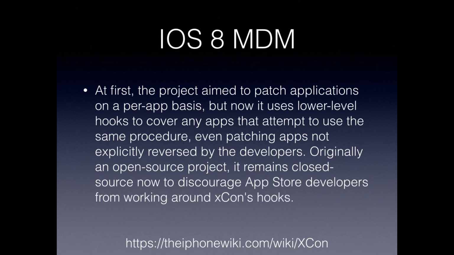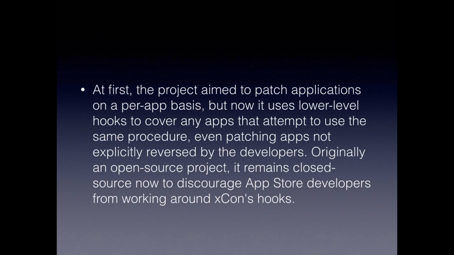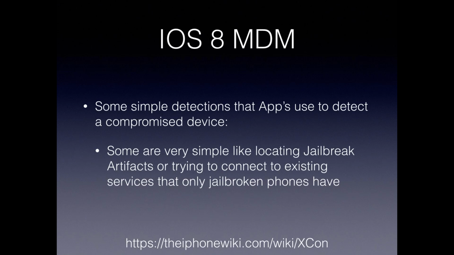Originally an open source project, it actually remains closed source now to discourage App Store developers from working around XCon hooks." The reason why they wanted to use lower level hooks, by the way, instead of app-based hooks is because they'll be able to cover more ground and more checks instead of patching an app every time that it has to change. It's more of a catch-all.